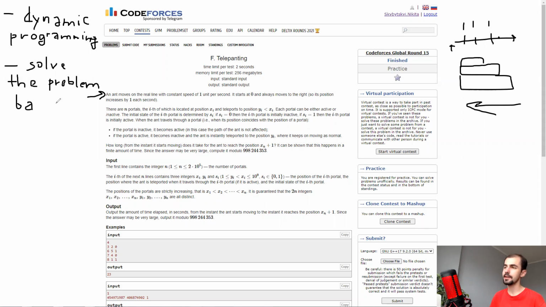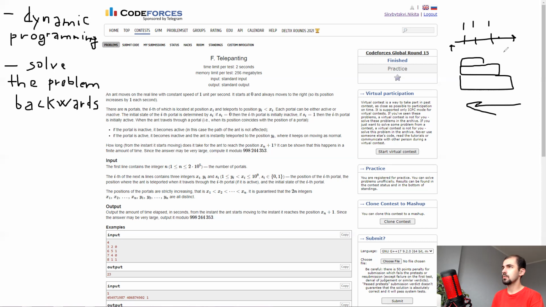The process has a state, and you can both predict what will happen in the future and understand what happened in the past. So in such processes, trying to solve the problem backwards may be very helpful.